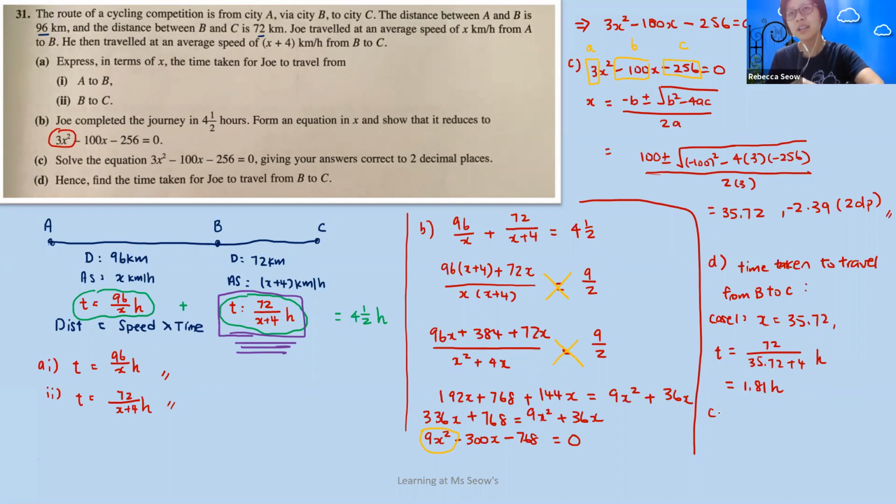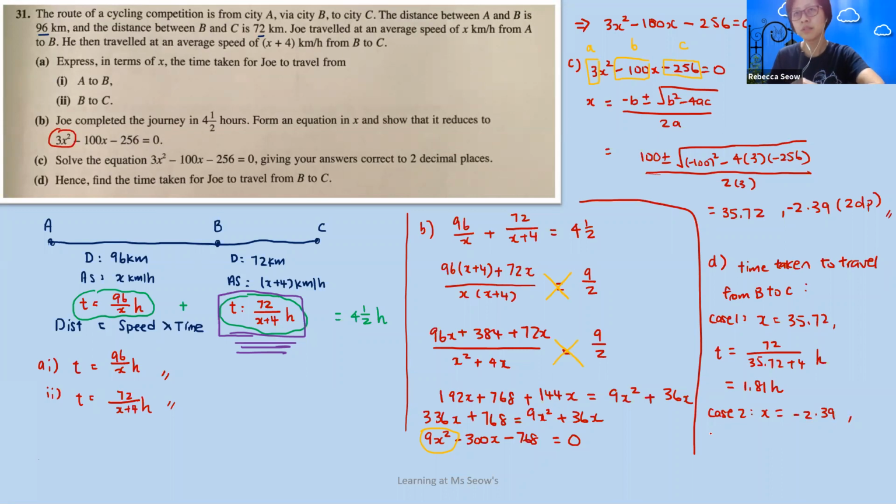Let's take a look at case 2. Because sometimes there might be two answers, sometimes there might be one rejected answer based on how reasonable the answer is. So in this case, for case 2, x is equals to negative 2.39.